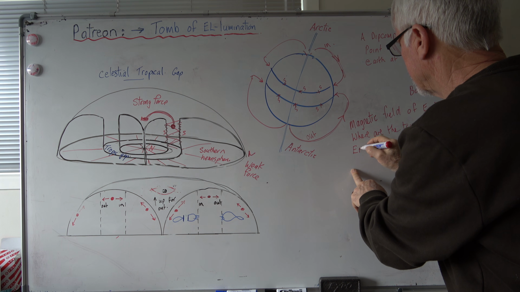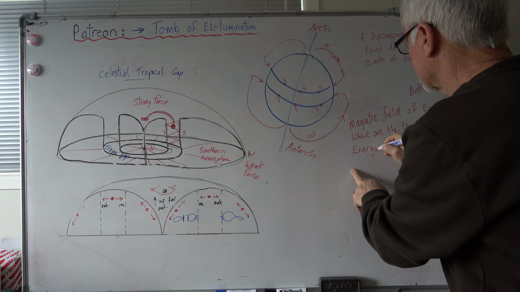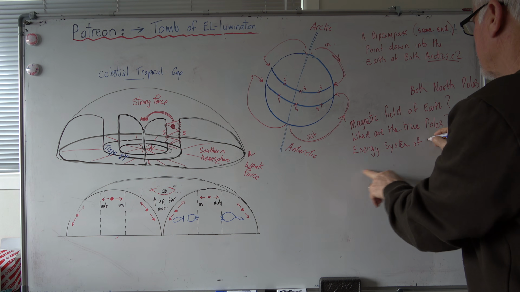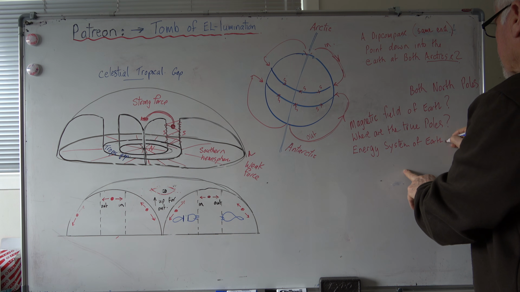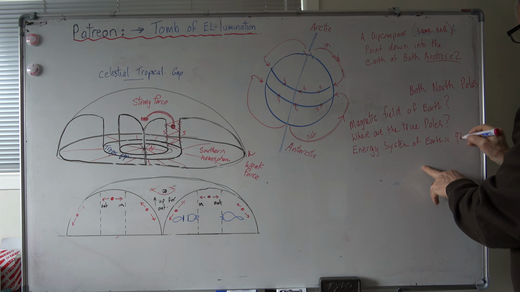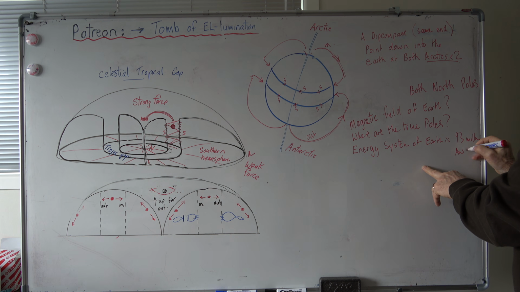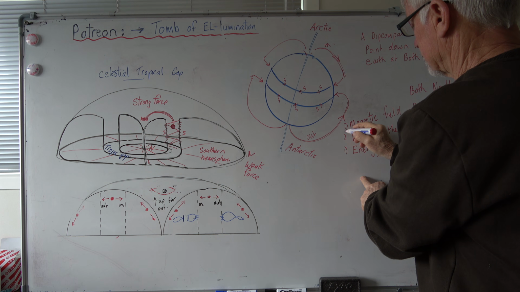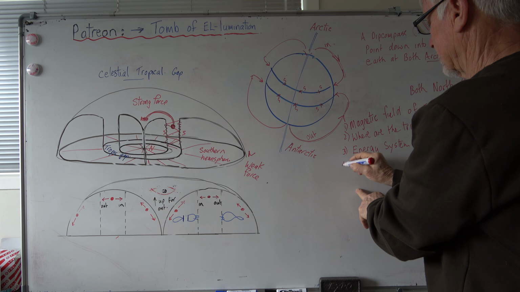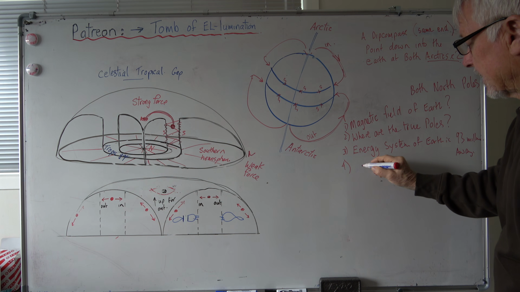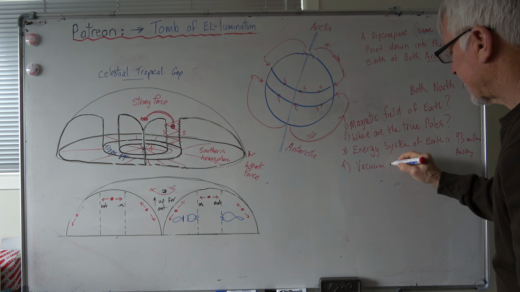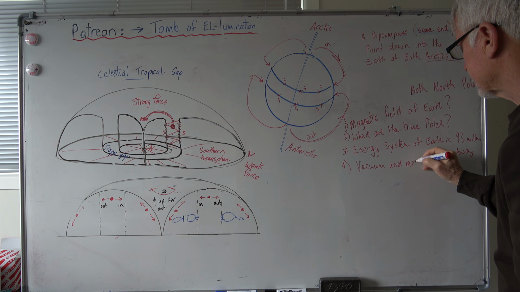You got the energy system of Earth, the sun is 93 million miles away. You got 1, 2, 3, 4. You've got the vacuum and recycling system.